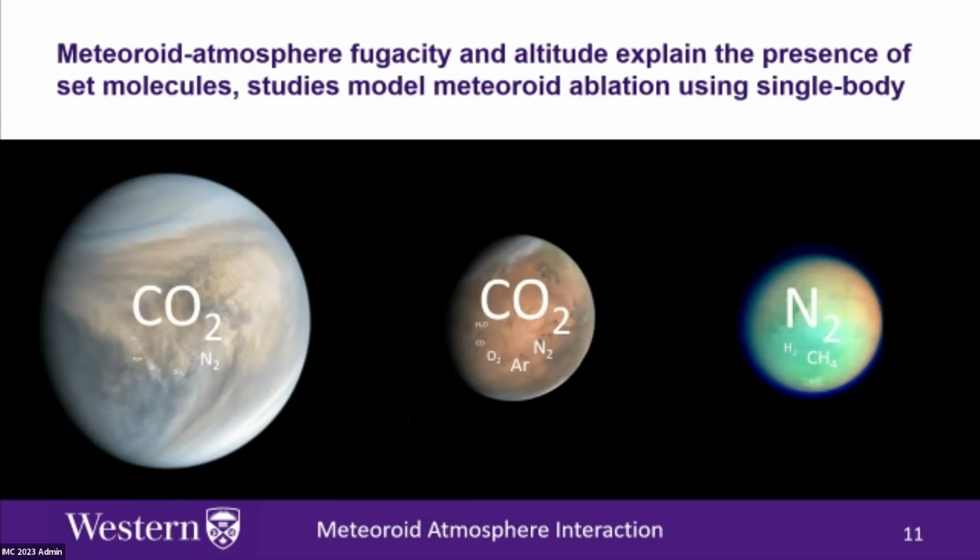We know, of course, the presence of water might be explained by meteor interaction on Venus. So we have some sort of presence of water-bearing molecules on Venus, and this might be linked with some sort of interaction with the meteoroids, while also we know that there are some oxygen-bearing molecules on Titan, which might also be linked to the interaction with some meteoroids.